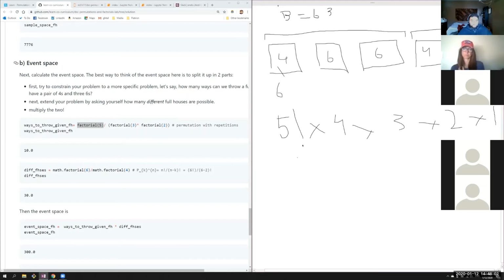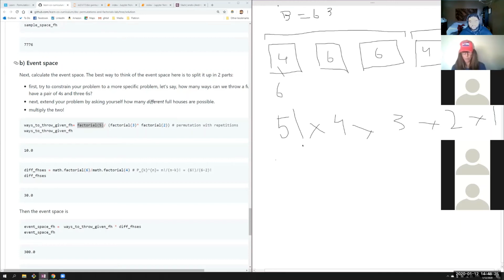I think you had it right when you were explaining it, that factorial 5 is all the different combinations that you can have with the dice, and then factorial 3 and factorial 2 are 3 being the same and 2 being the same. So we're dividing by factorials because we want to remove a set number of possible permutations because they're essentially the same.